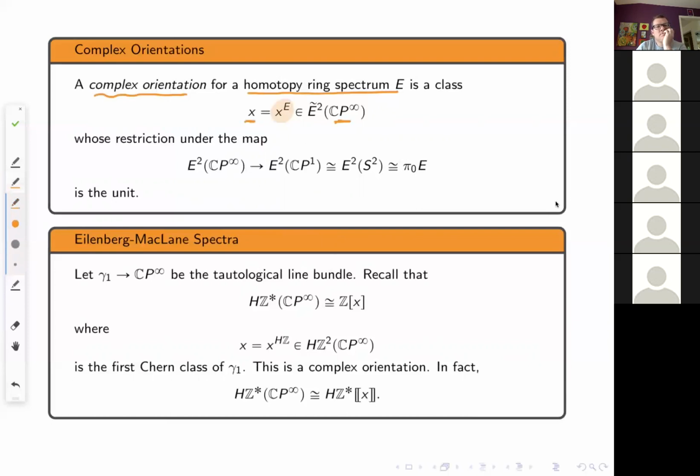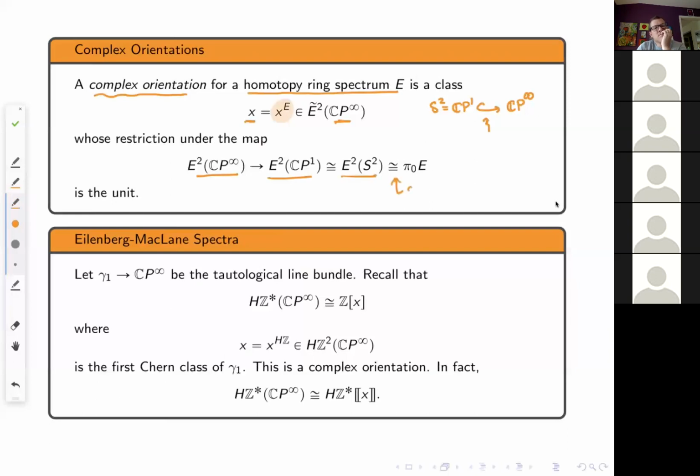We want a class that, remember S2 is CP1, and that sits as the 2 skeleton of CP infinity. So that's a map of spaces, so we get a map on E cohomology. You get a map from E2 of CP infinity to E2 of S2.